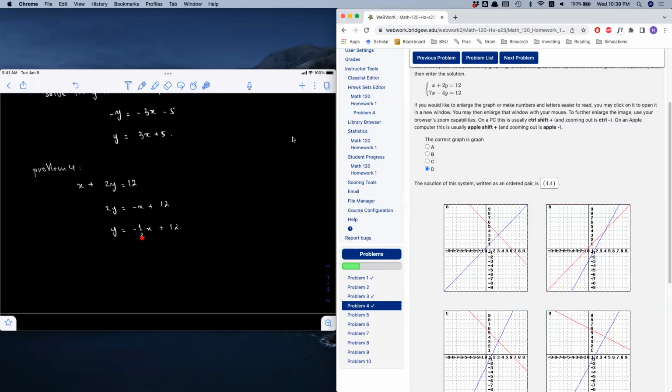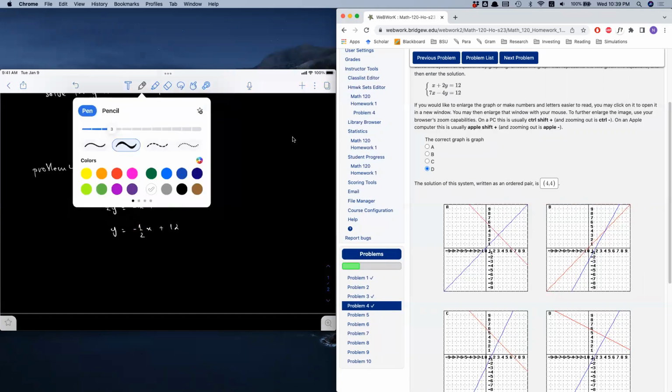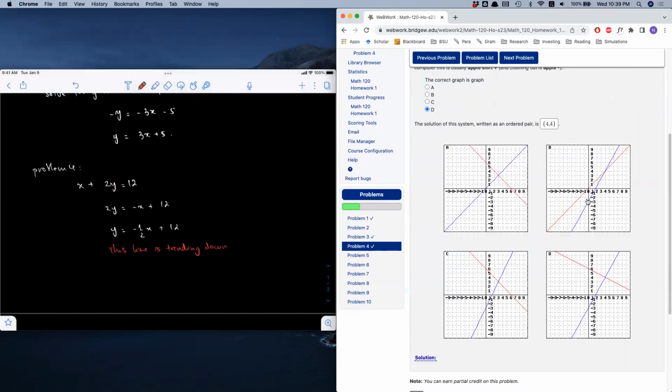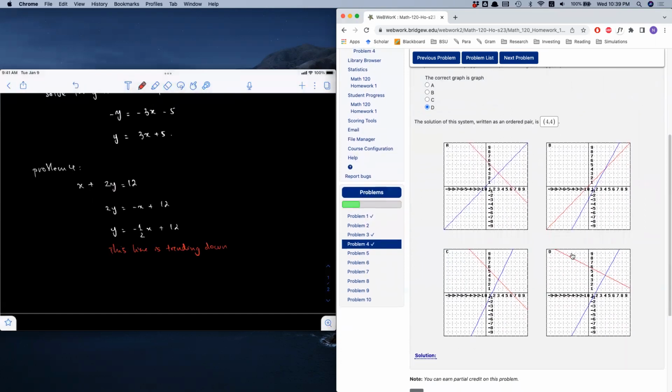This is a negative slope, so this line is trending down, whereas these two lines are trending up. Therefore you can see that the choice should be D.